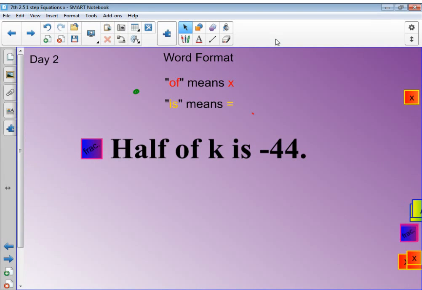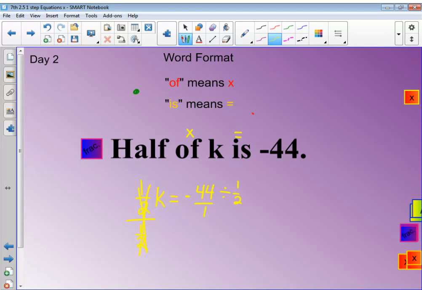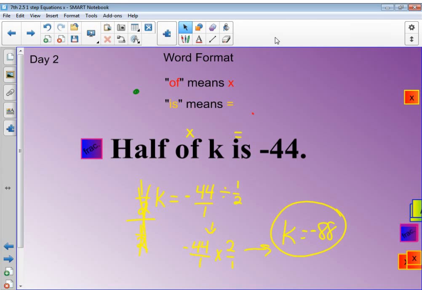So go ahead and pause your video, write out your equation, and solve the equation, and then start the video back up to check it. So you should have gotten k equals negative 88.